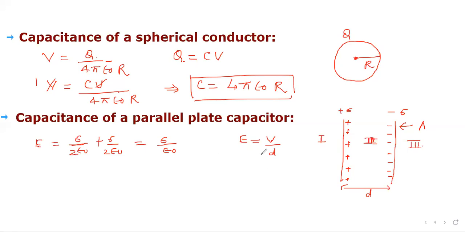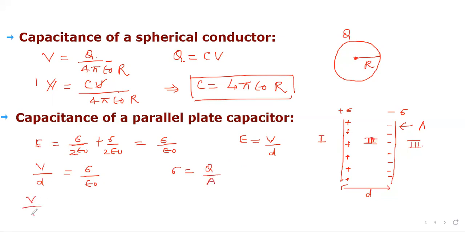So here we put the value of E. It will be better to write V upon D equal to sigma upon epsilon naught, and sigma equals charge Q divided by area.